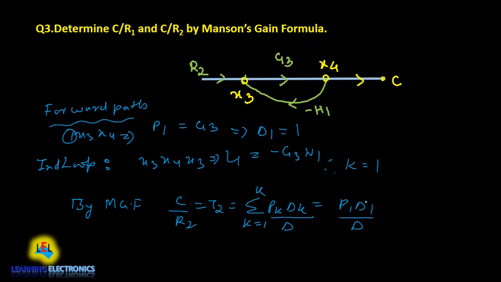Del will be 1 minus L1, which is equal to 1 plus G3H1.